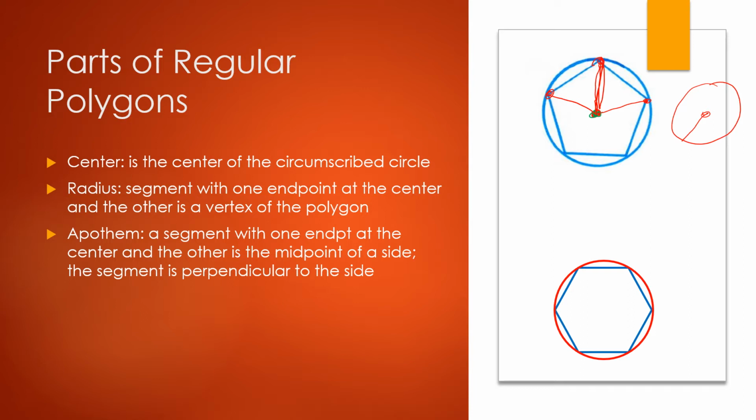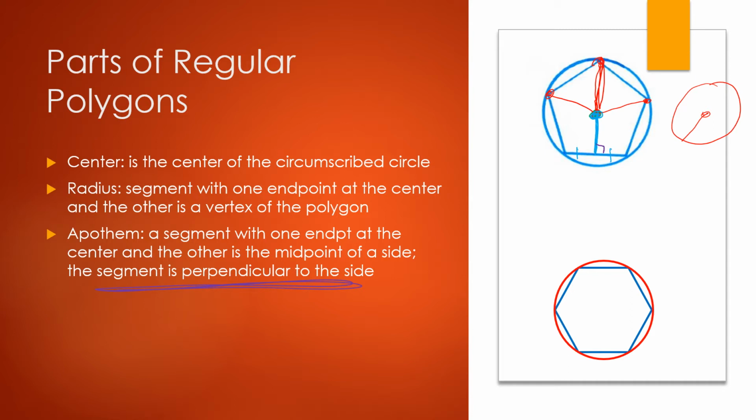It's going to have one endpoint here at the center, and the other is the midpoint of the side. So this is the apothem. Now there's one specific part of the definition that's also important. It says the segment is perpendicular to the side. So you can think of the apothem as being a perpendicular bisector of the side.